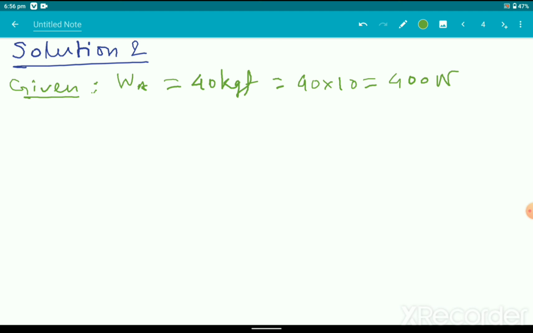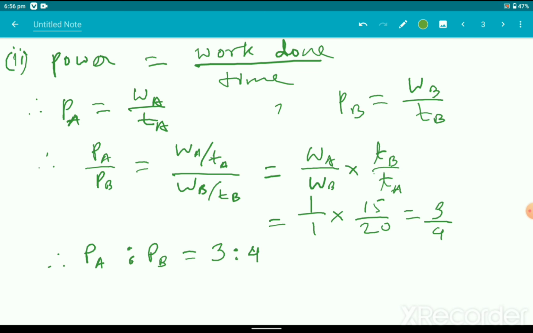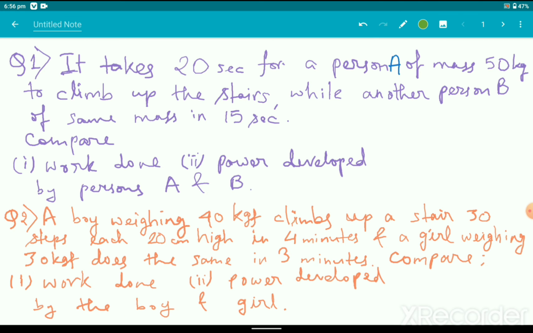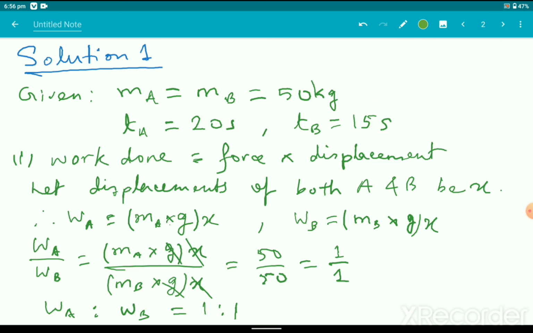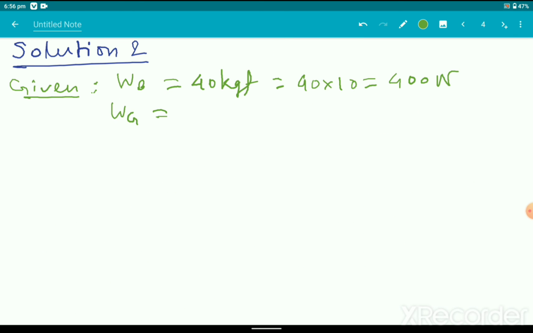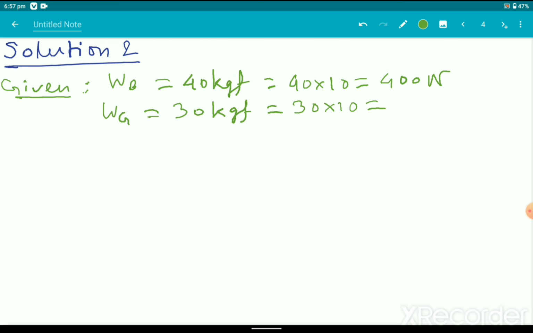This is the weight of the boy, and the weight of the girl is 30 kg. So if I convert this kgf into Newton, it will be 30 into 10, that is equal to 300 Newton.